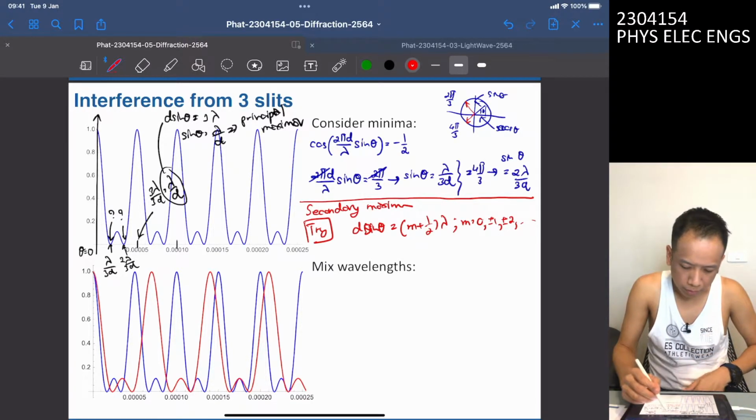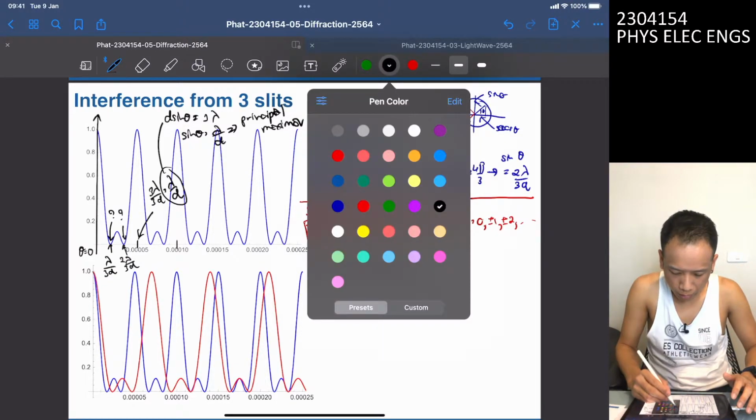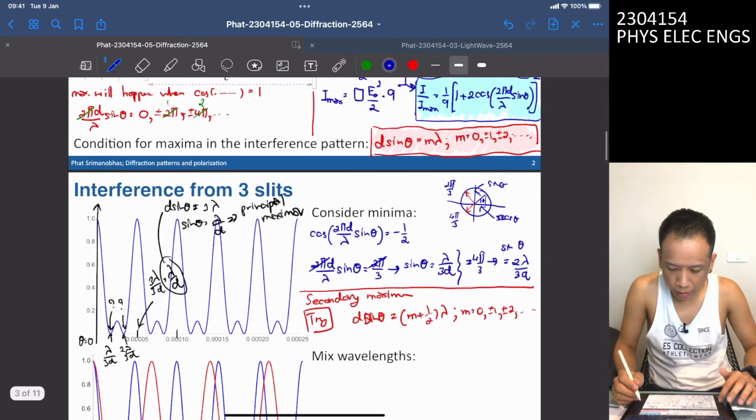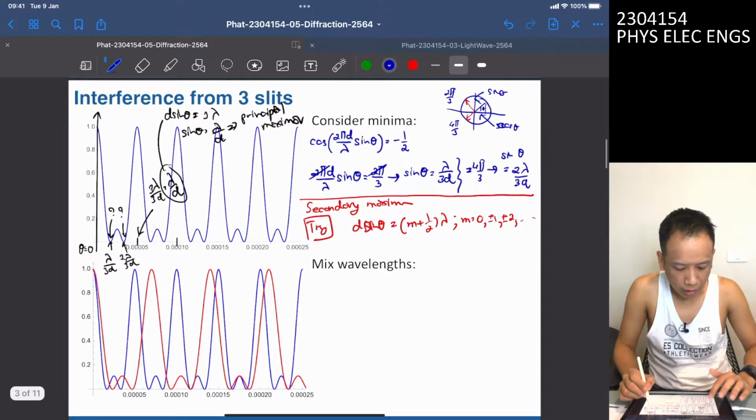So when you're looking at your result, your result includes also the lambda, right? Because you say yes, the first minima is lambda over d, right?